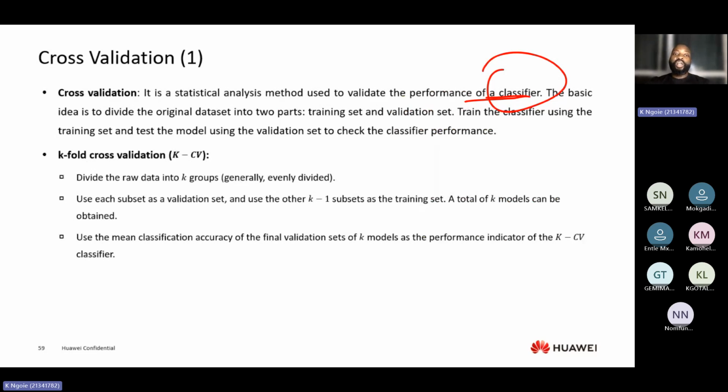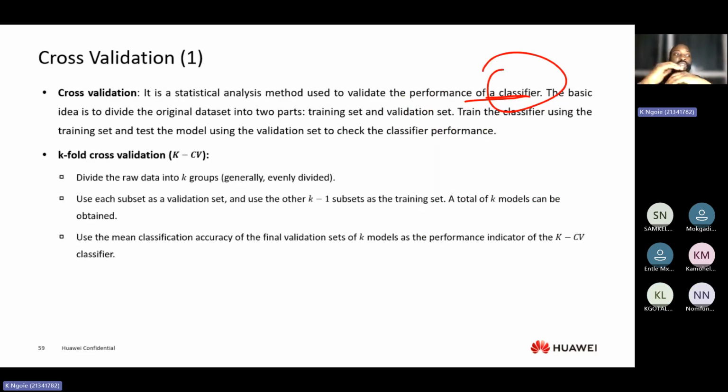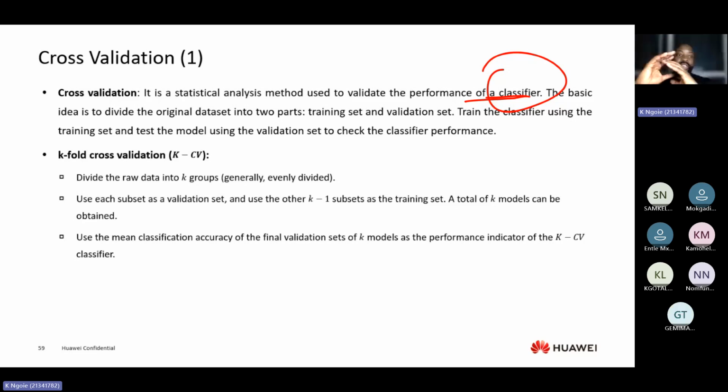Let's say you're trying to detect if the picture of a fruit is a mango, an orange, or a banana. This is a classification problem that we're dealing with. So we try and see the performance of that model. Is your model perfect? How perfect is your model? We have a method called cross validation.